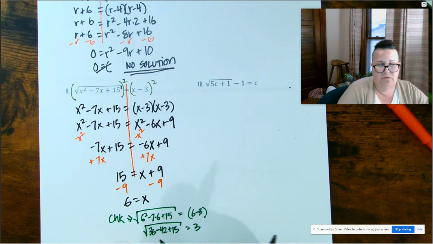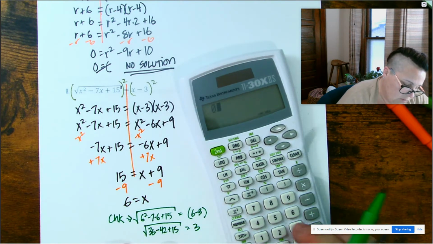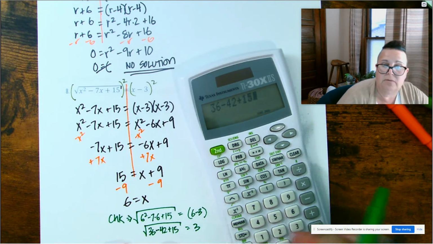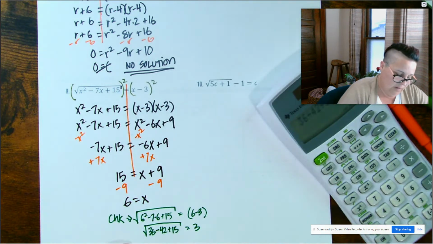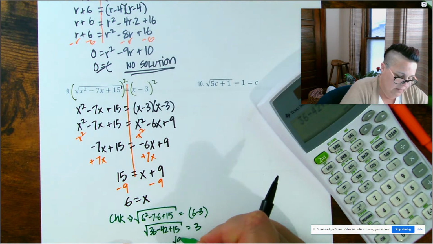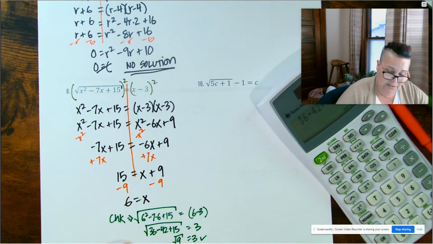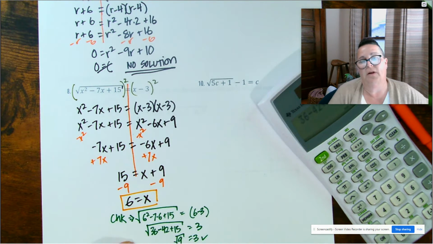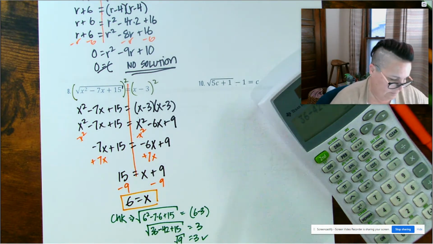We're going to see what's underneath that square root first. And we're going to get the square root of 9 is equal to 3, which does indeed check. So this is a solution. I'm glad I did all that work and actually have a solution. Beautiful. Okay.